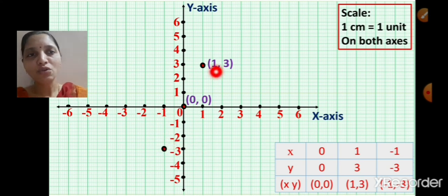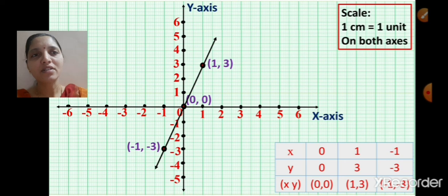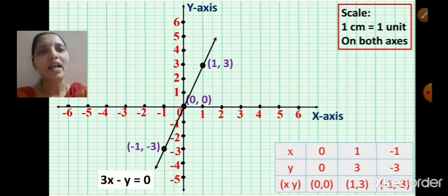So through these points you have to draw a line. Okay. So this is the line passing through all these 3 points. So this line will have equation 3x minus y is equal to 0. Hence we have drawn the graph of the equation 3x minus y is equal to 0.